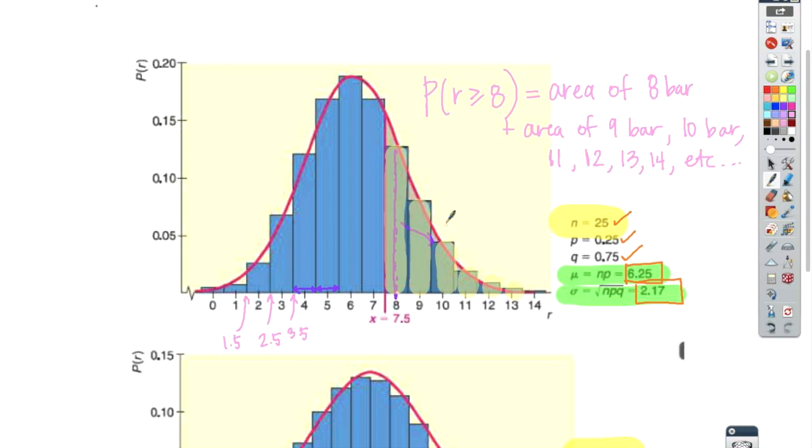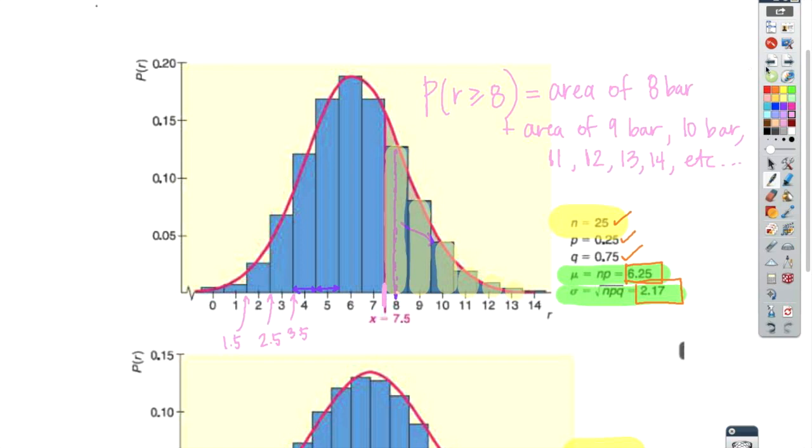Well, the entire bar above 8 starts at 7.5. So even though I'm asking for the bar above 8, 8 and above, I start my probability here. I start my random variable at 7.5. So that's why we're making that adjustment.